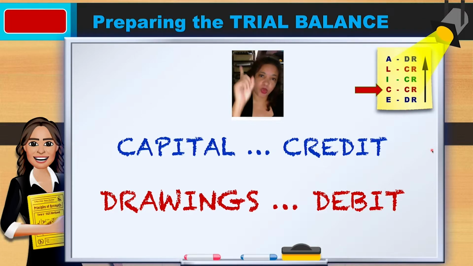So that is just one, drawings. It's just one that you kind of have to memorize a bit more, and just don't follow the lead of all the others and just go on the credit side. Decrease in capital for drawings, so it will be a debit. Drawings always debit. Opposite of capital, so capital is the credit, drawings is the debit.